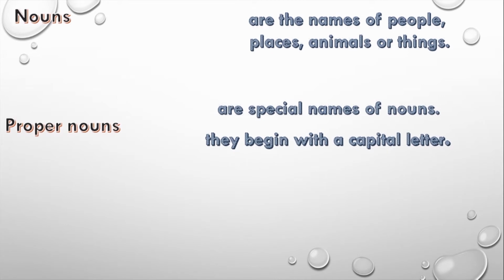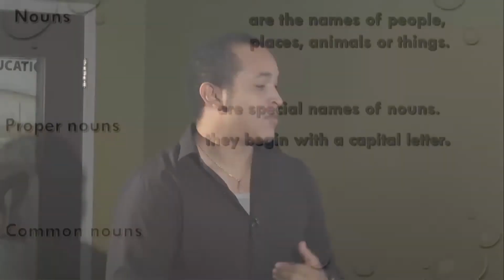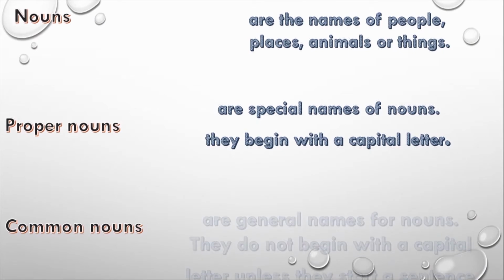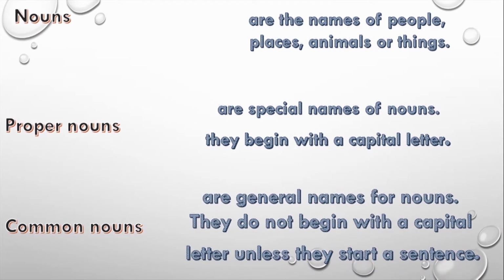That's like your name or the name of your pet, as we spoke about last day. The last one, common nouns, are general names for nouns. They do not begin with a capital letter unless they start a sentence. So good. Hopefully everything we went through last day has remained in your head and you have found a way to make sure that all of this is still up there.